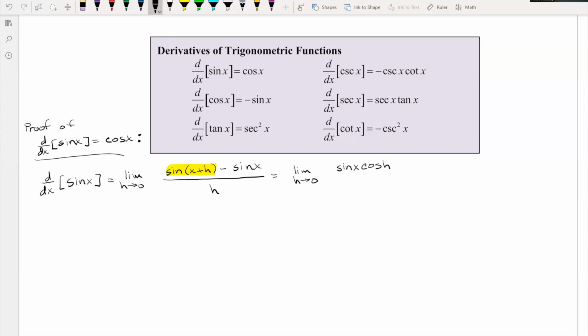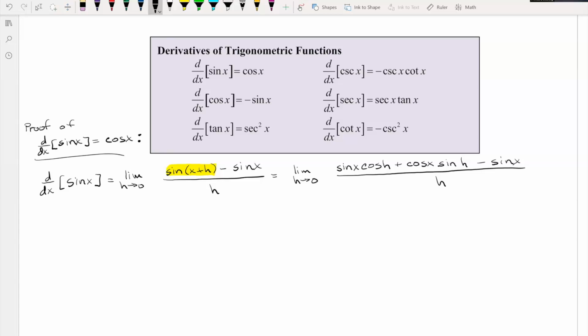How about that? Sine x cosine h? Yeah, sine x cosine h, and then the plus. Okay. Yep. It's been a while, but that's what we have going on here. Minus sine x all over h. So that's just a sum formula back from trig.